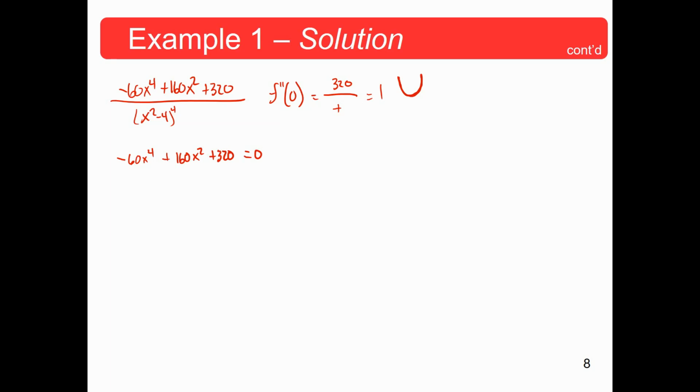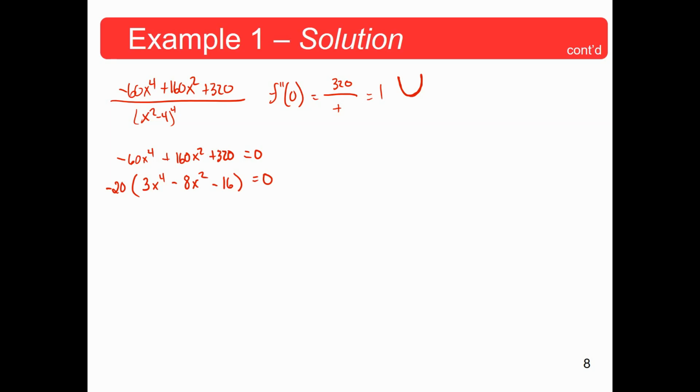So if I divide negative 20 out, 60 divided by 20 is going to give me 3x to the fourth. 160 divided by negative 20 is going to give me negative 8x squared. And then 320 divided by 20 is going to give me minus 16 equals 0. Now, the negative 20 can never be 0, so really we're just looking at this.